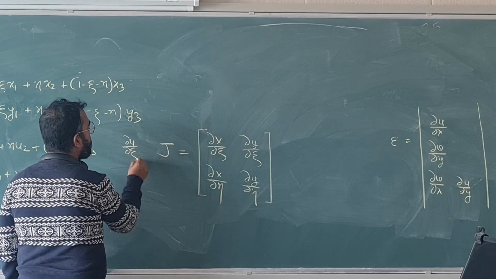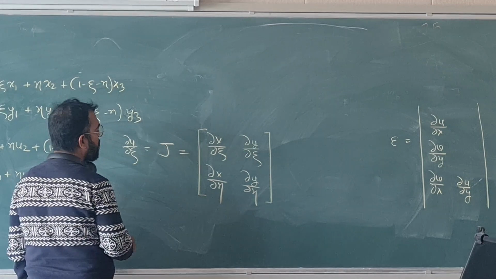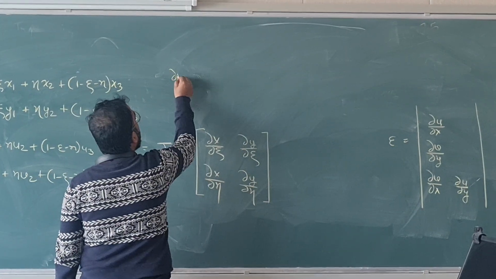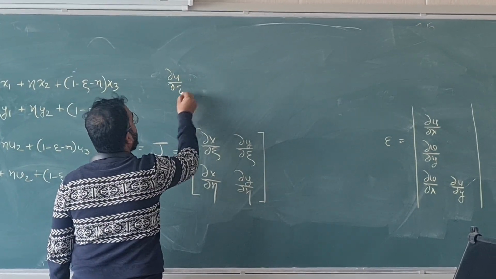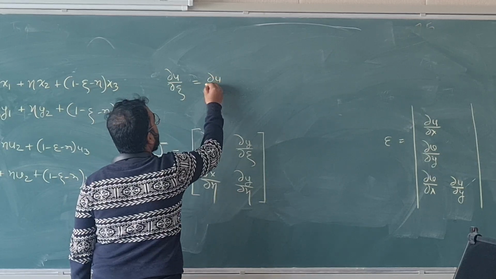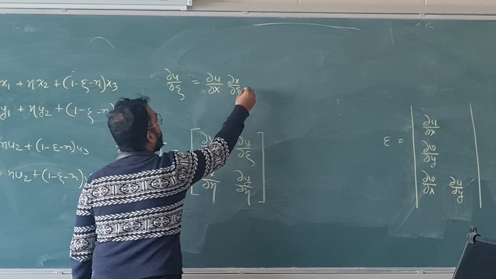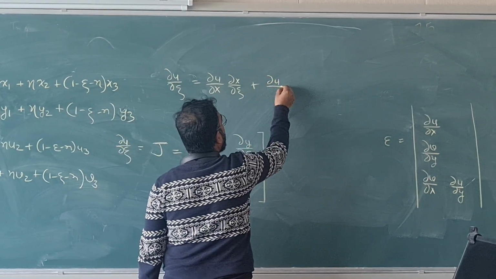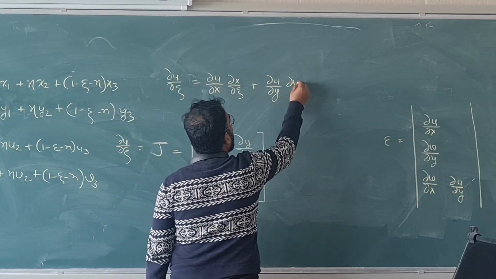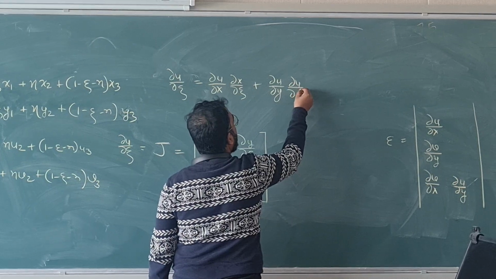So del u by del epsilon will be equal to what? Let me write it here. Del u by del epsilon will be del u by del x into del x by del epsilon plus del u by del y into del y by del epsilon, right?